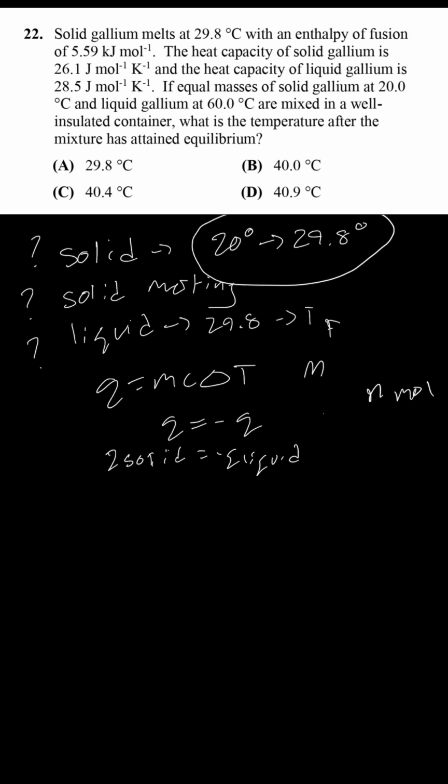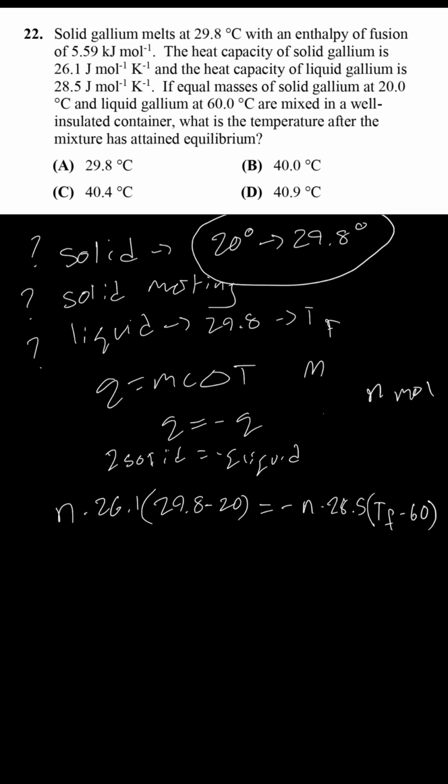So the Q of the solid is n times the heat capacity, 26.1, times final minus initial, 29.8 minus 20, equals negative n times the C, which is 28.5, times final minus initial, so TF minus 60.